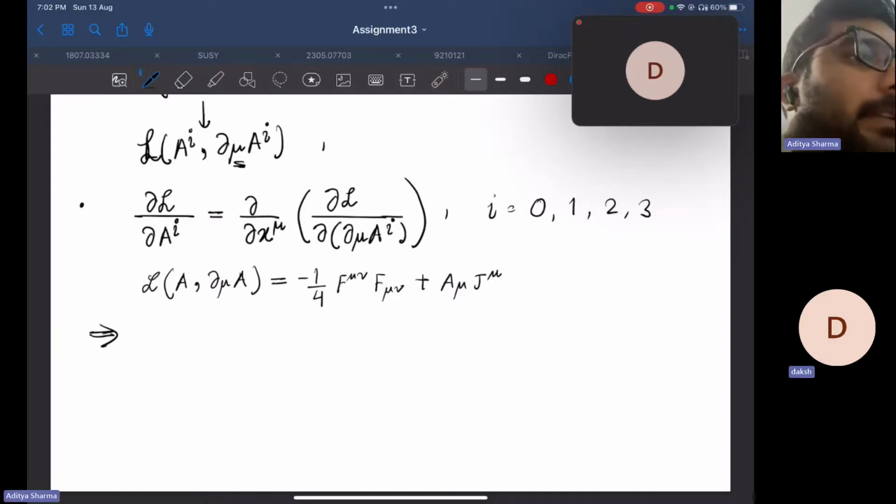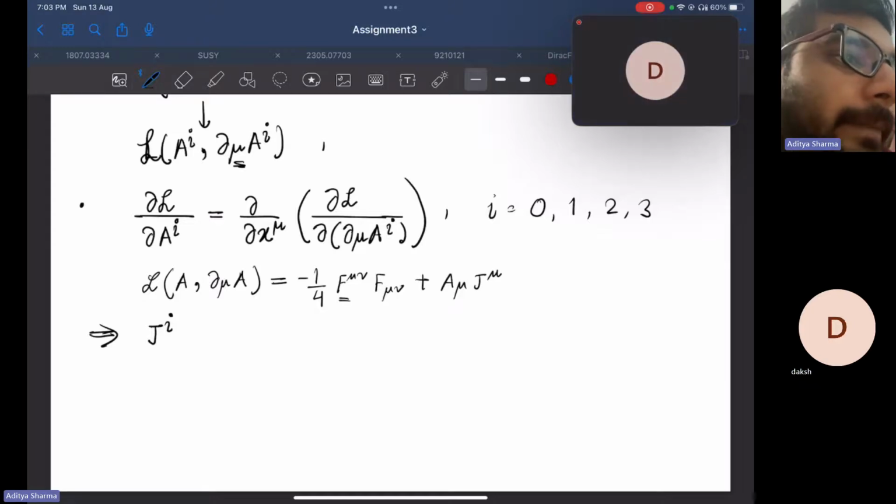It's like we are treating it as a Greek index only. Because F_mu nu only has derivative of A, this gets differentiated.